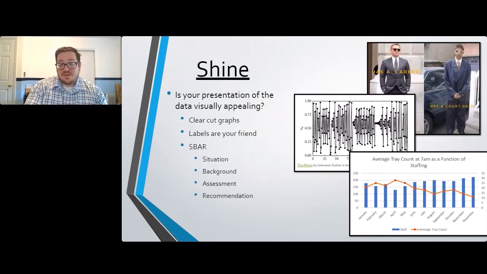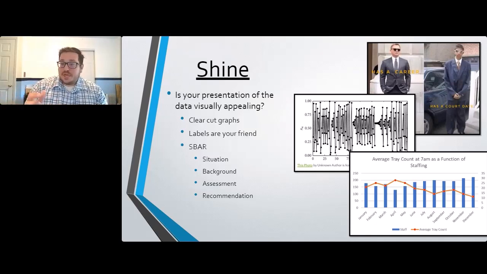They may not care that in September you had a great new hire who went back to college or whatever. That nuance is not going to come through in those meetings. What you need to say is very clearly defined. I need more staff, and you should care about this because when staff goes up, tray count goes down. Simple as that.